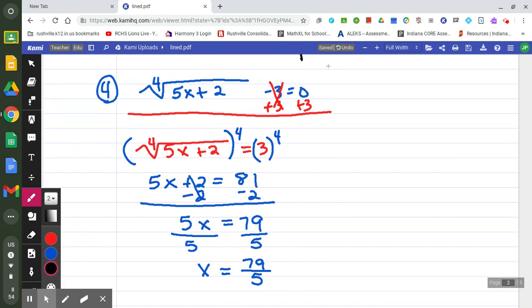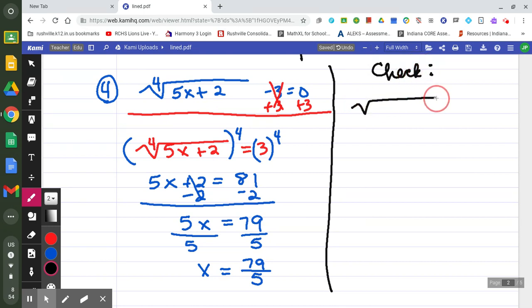I'm going to do the check, just like I did all the other ones. So when you do the check, make sure that you get the right index. So it's the fourth root. So now I'm going to substitute in the 79 over 5. Fourth root. So 5, and then times, instead of the x, I have 79 over 5.